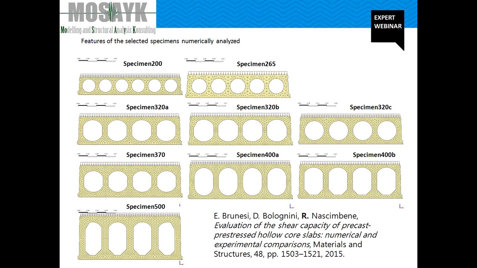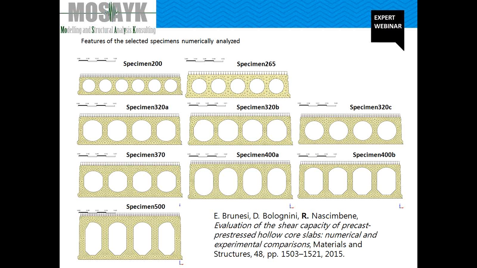Here is the scenario. The scenario depicted by analytical prediction suggests the need of a detailed campaign of numerical analysis, and for this detailed numerical analysis, we use for sure Midas FEA, in order to address and to investigate the effects of the hollow core shape on the shear response of such members.